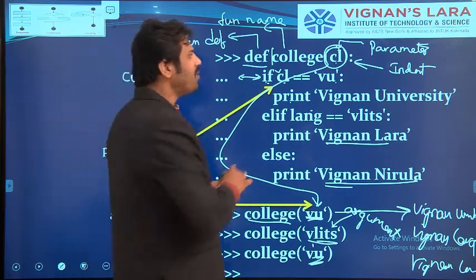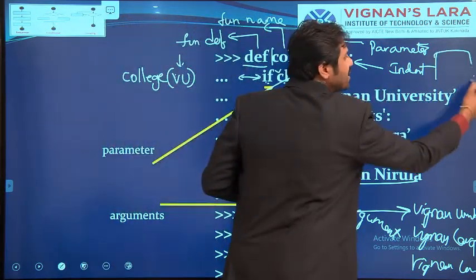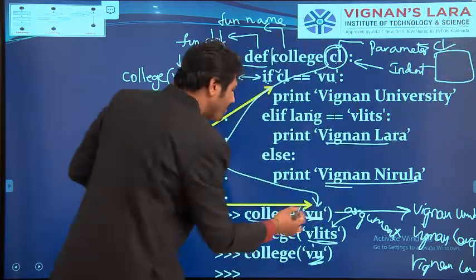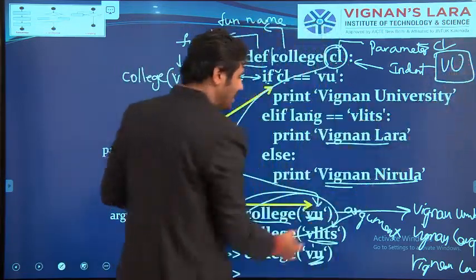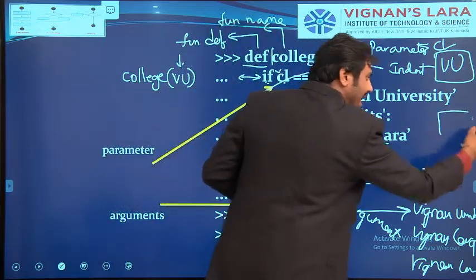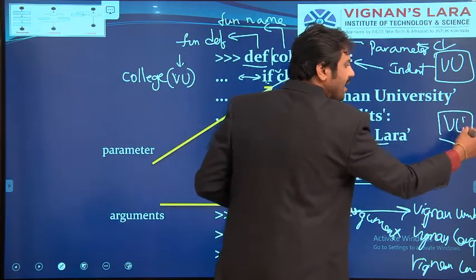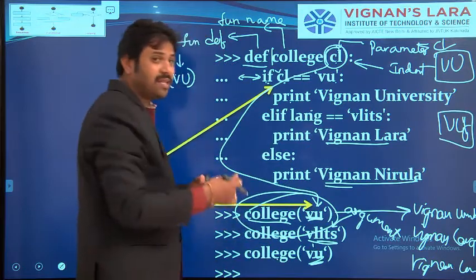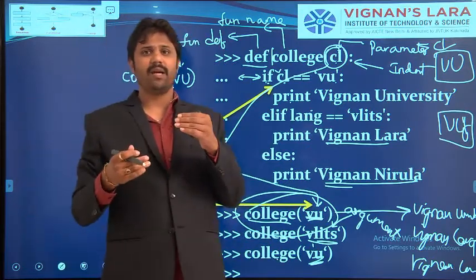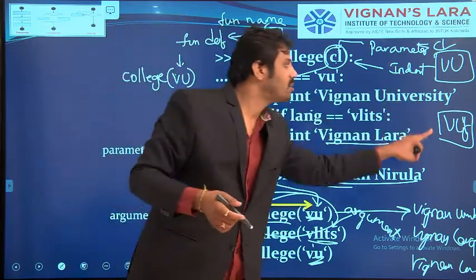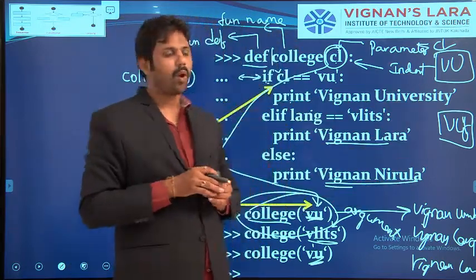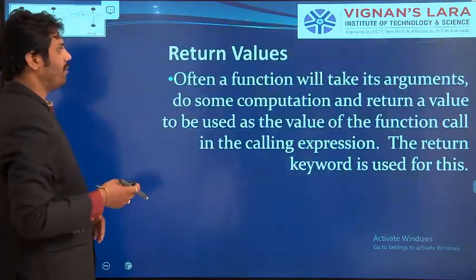So at the place of CL, memory is created. For the first iteration, it stores VU. For the second iteration, it is created again and contains VLITS. That means how many times you call that function, that many memory locations are going to be created. Okay, this point is going to define.